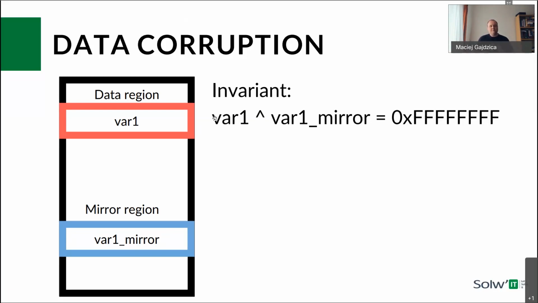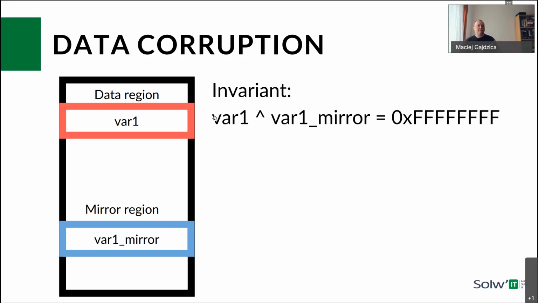And if by accident some memory is changed, there is a really low possibility that it will change both memory regions in a way that this precondition is still fulfilled. So this is the mechanism that will help us detect some memory corruption.